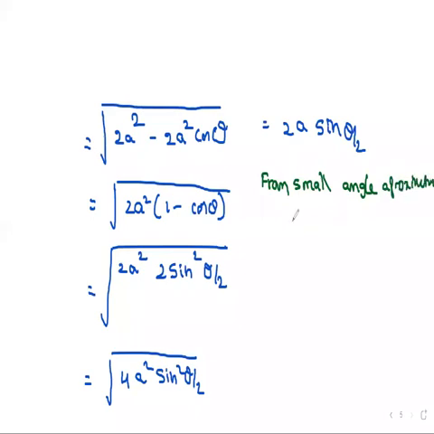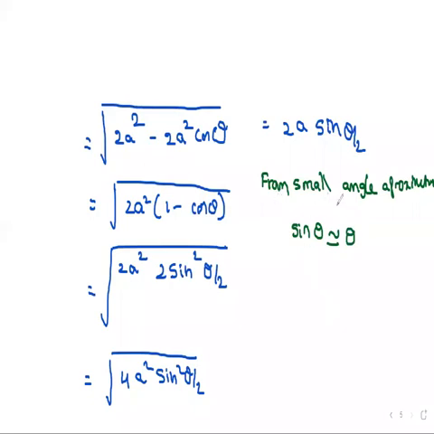From the small angle approximation, we can always write that sine of any angle, if the angle is very, very small, in the sense 0.001 degrees, 0.01 degrees, not even 1 degree, it is below 1 degree, very much less, then for those angles we can simply write sin theta is nothing but theta.